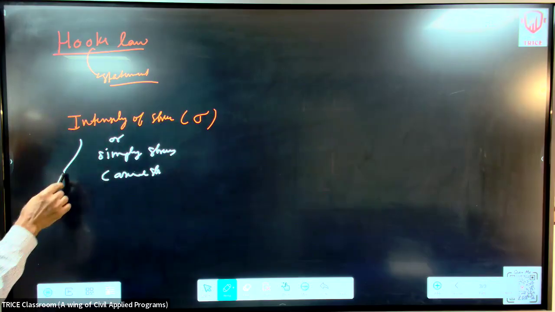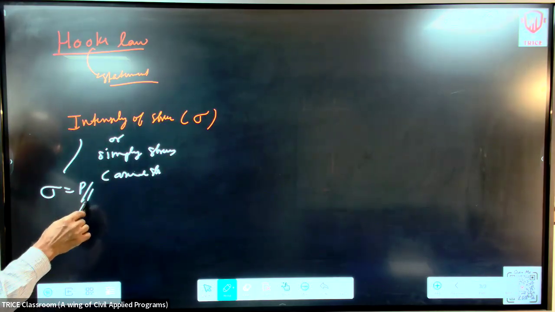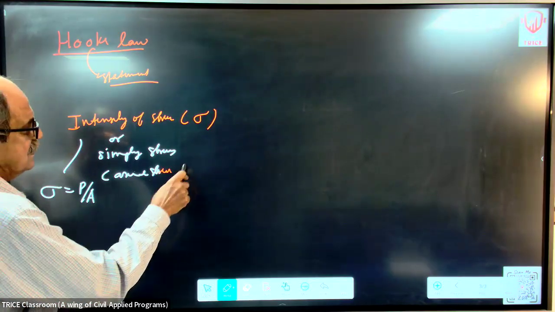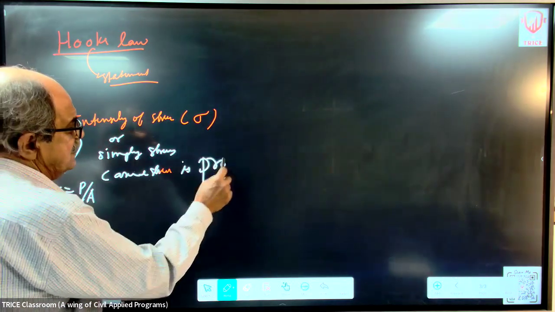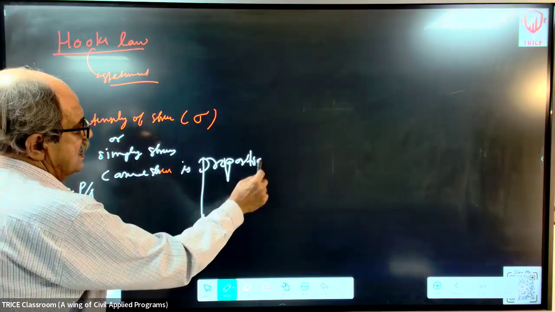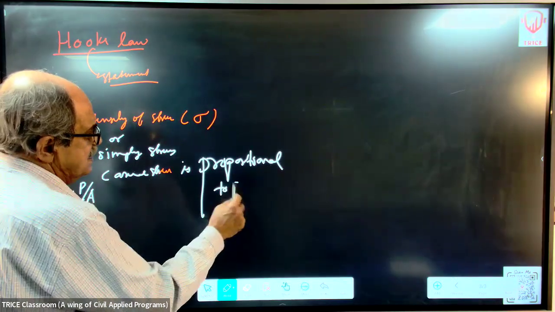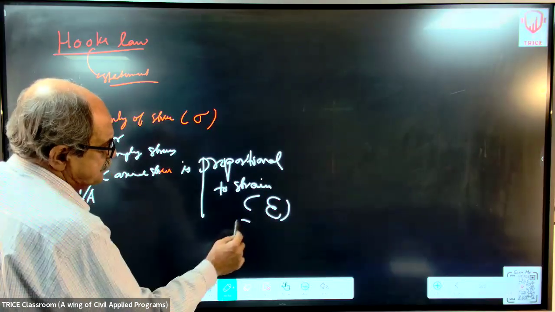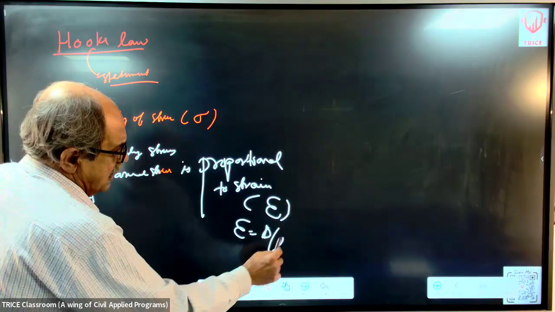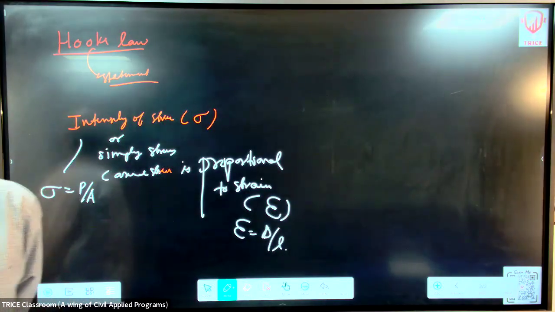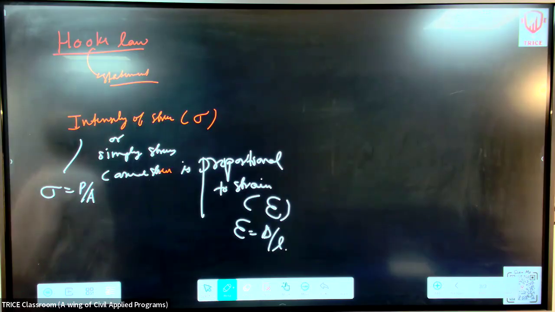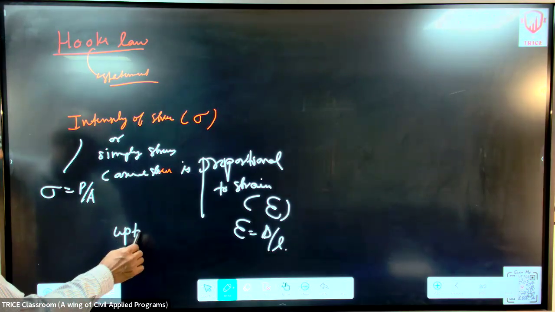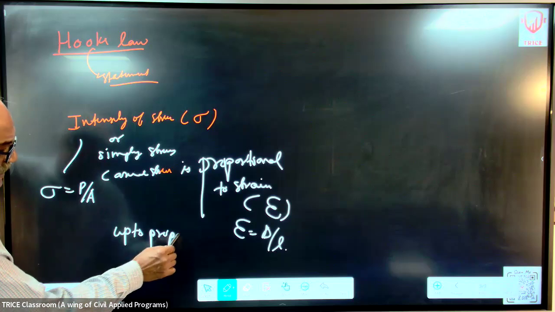I already told you sigma equals P by A. Strain is epsilon, and epsilon equals delta by L. The intensity of stress is proportional to strain up to the proportionality limit.